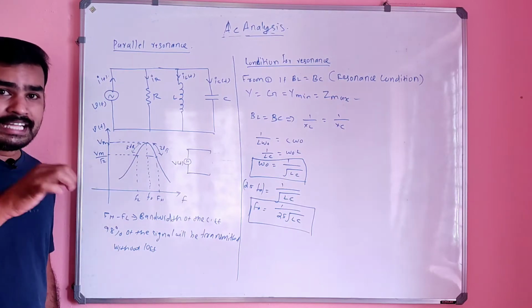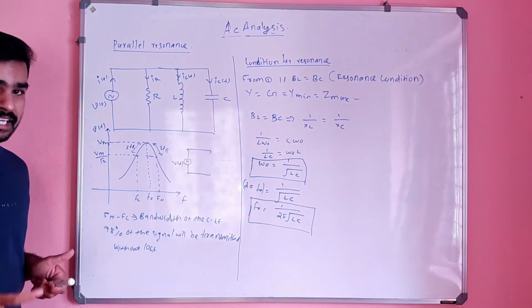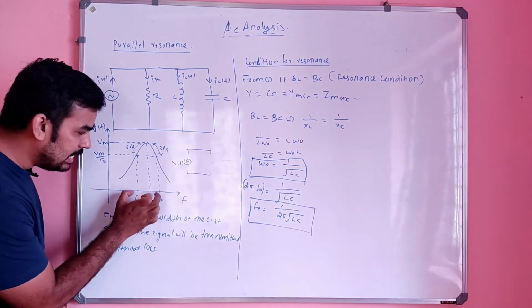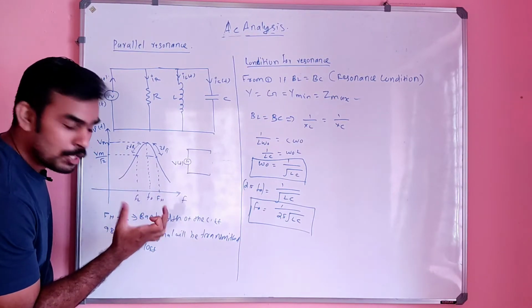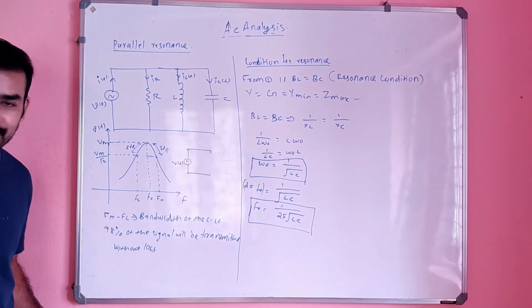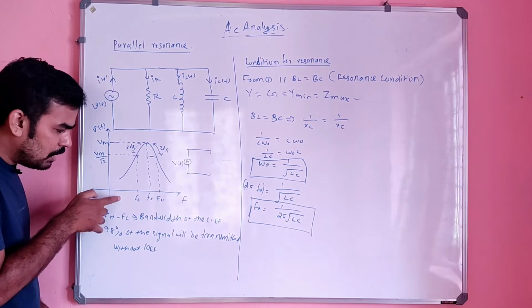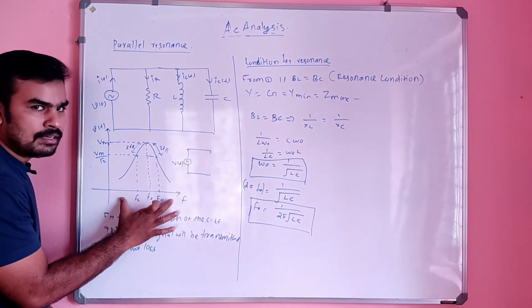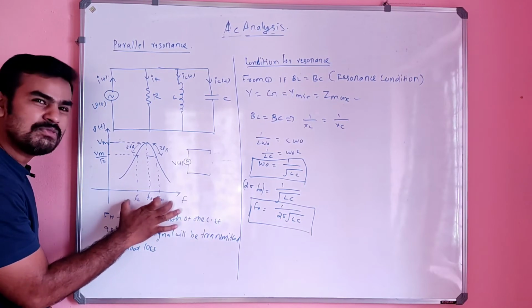So for avoiding that, what we normally do is set a signal exactly in between this FL and FH, so that 98% of the signal can be transmitted without loss. But whenever it is below FL or beyond FH, signals will be lost.